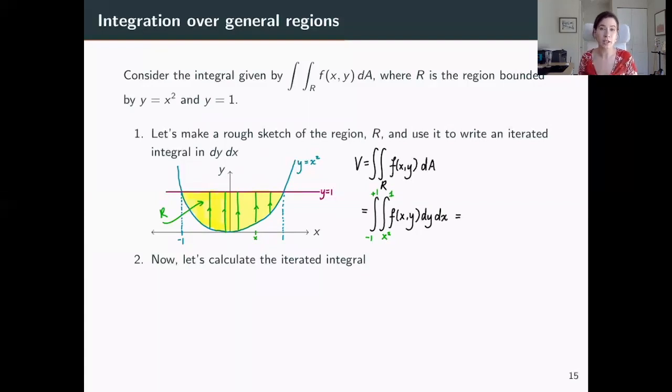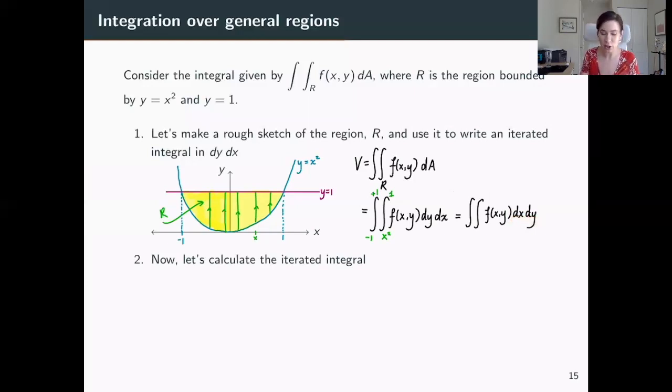If instead we want to represent this as an iterated integral in dx dy, what we're trying to figure out are the limits of integration for f of x y, where I take dx dy. We need our change in x and then our change in y.